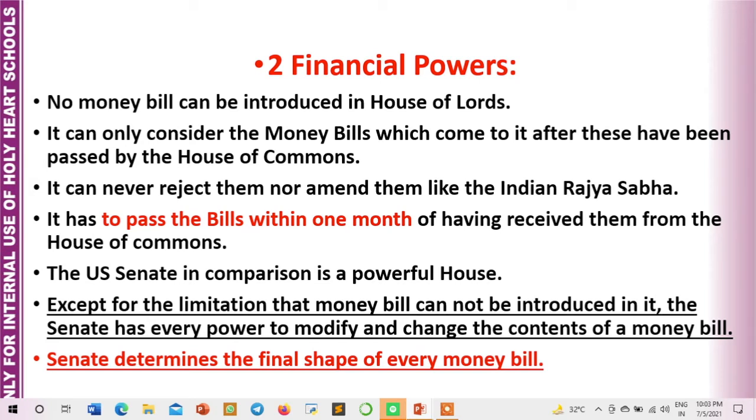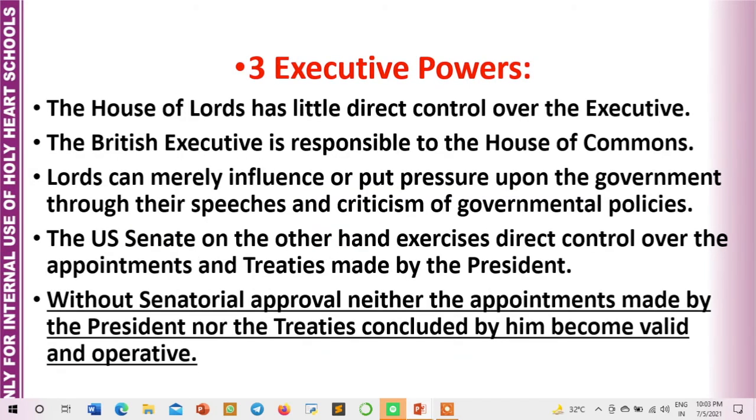So you see, the US Senate cannot introduce the money bill, but otherwise, the US Senate is very powerful in the money bill matter also. It can modify or change all the contents of the money bill. So this makes the US Senate a very powerful house of the world.